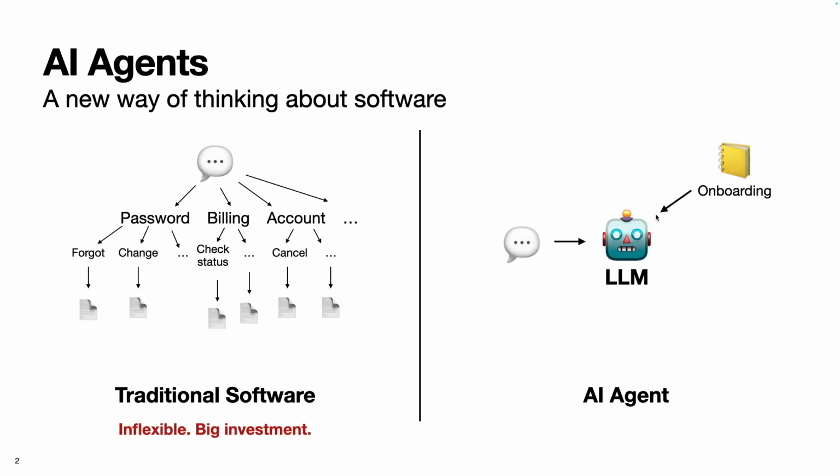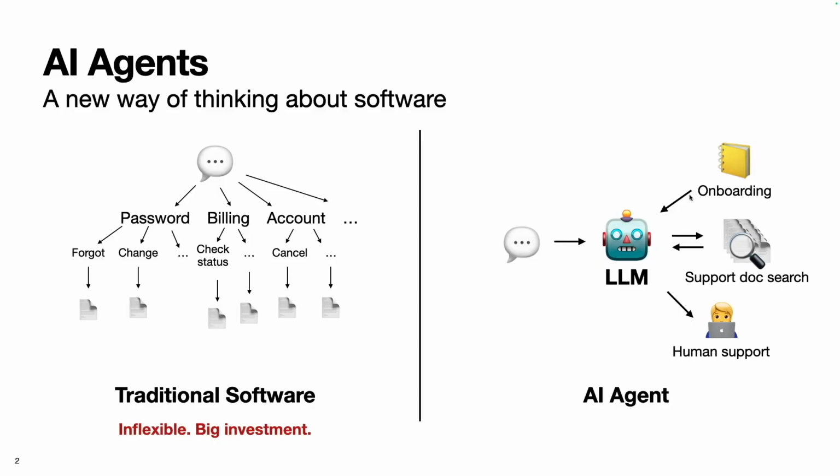So we may give the LLM context through company onboarding documents for customer support specialists. We might give it access to a document search tool that will allow the LLM to generate queries and search over known FAQs and support documentation. And then maybe we'll also give the LLM access to a tool to escalate issues to human support.